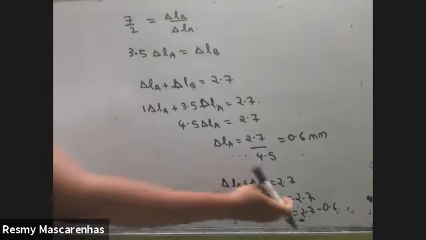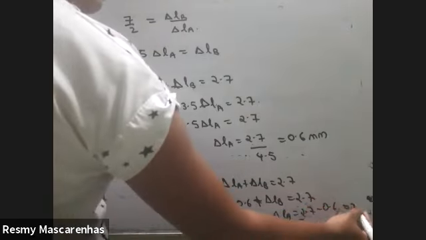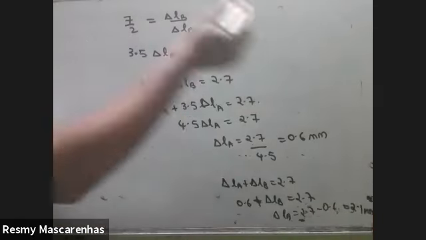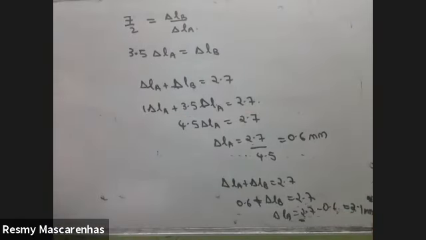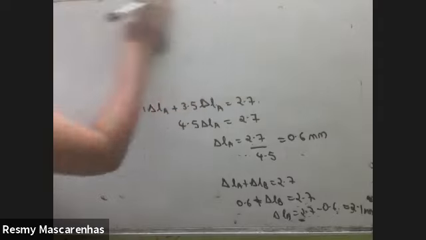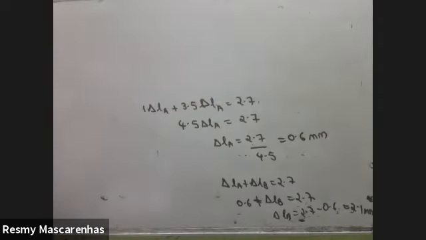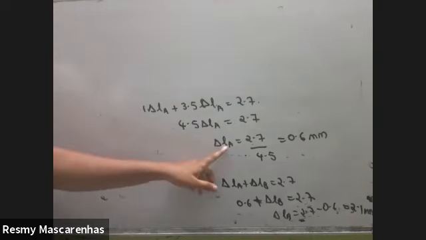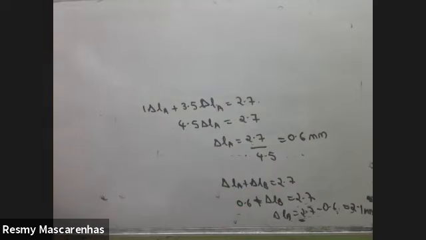It will be just 1 less than this, 0.1 mm. It was asked to find the increase in length of each wire. So increase in length of wire A is this and wire B is this.